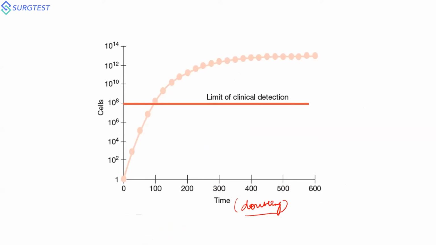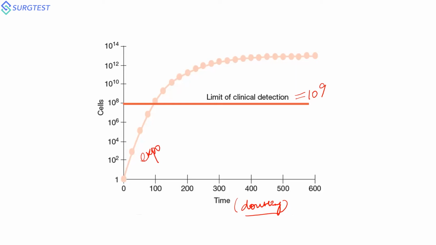Why I have taken this is because until the clinical detection, which occurs at 10 power 9, your cells will not be seen on macroscopic naked eye examination or by your staging investigations. Until then, the cells will be multiplying very rampantly, and it will be the exponential growth phase.